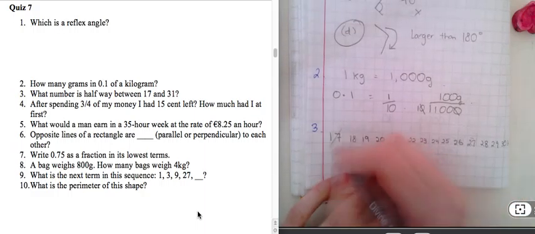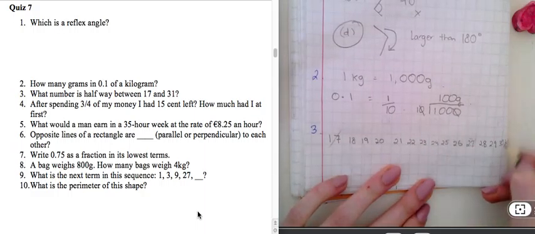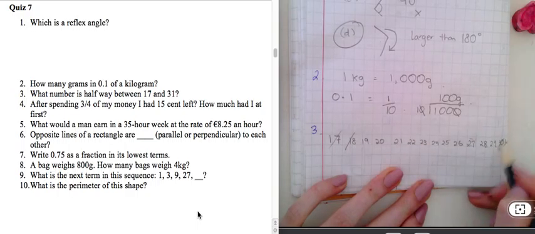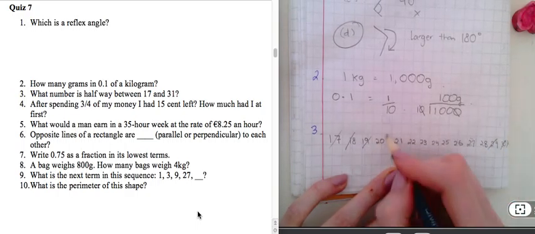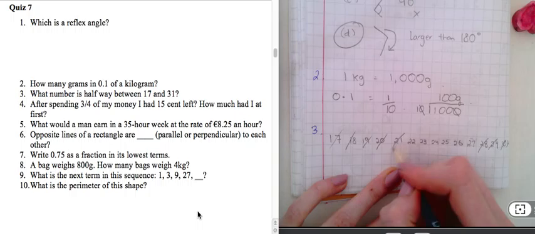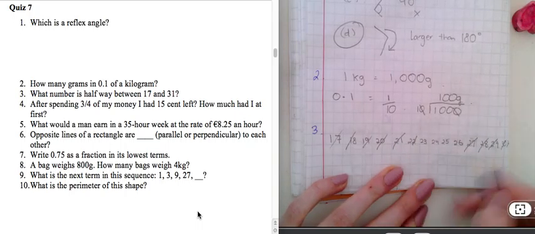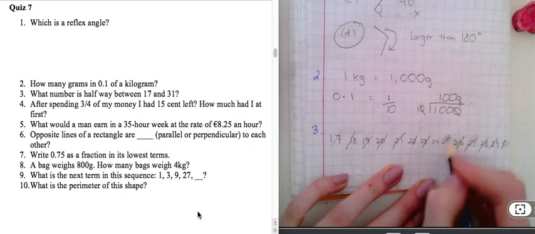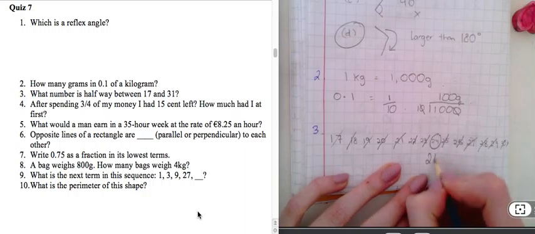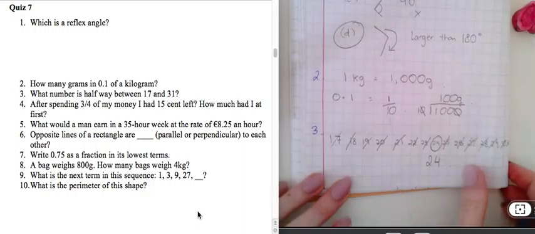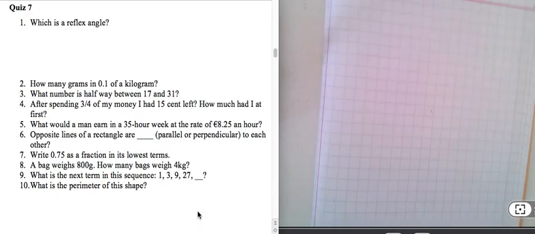So we can knock them off, one from each side. 18 and 30, 19 and 29, 20 and 28, 21 and 27, 22 and 26, 23 and 25, which means that 24 is halfway between 17 and 31.